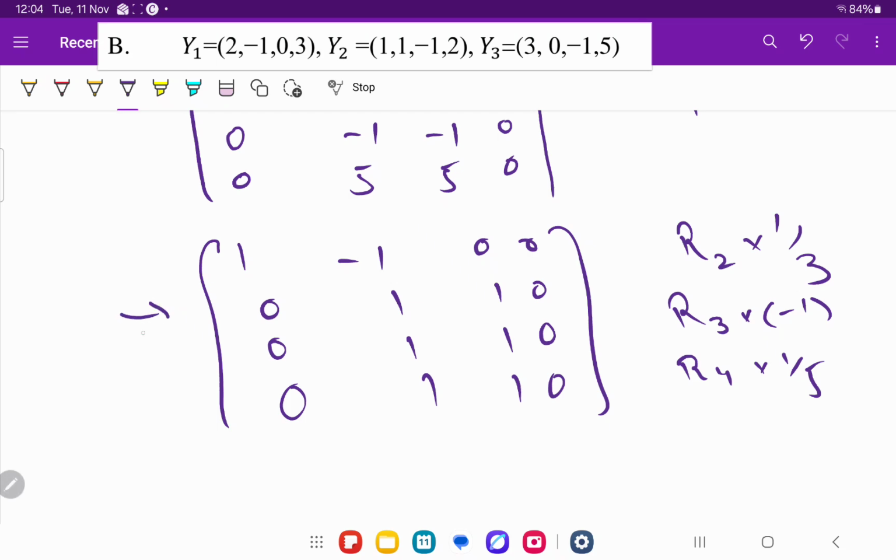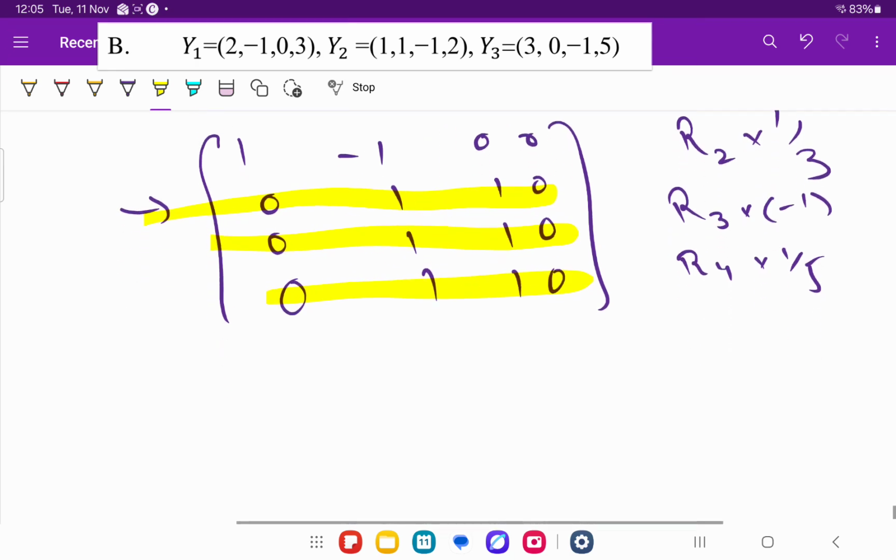By keeping any one of the rows as a constant row and changing all the other rows to zeros. You could see that these 3 rows are similar. So you can do here, by keeping one of the rows intact, the constant, and change the rest of the alike rows, similar rows, to zeros.